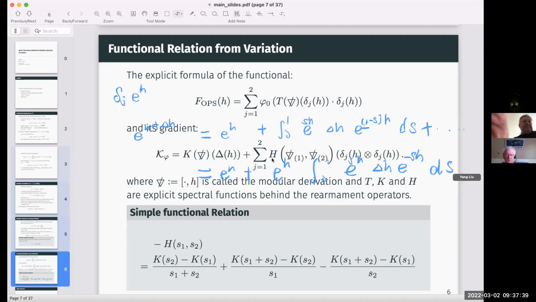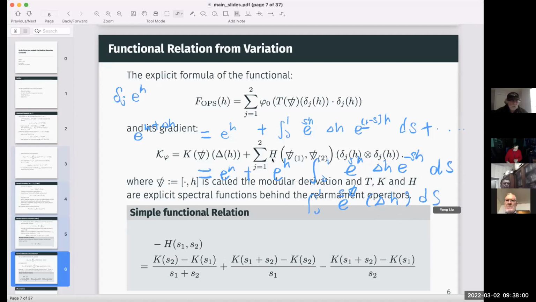We see that we have a conjugation here, so I can write e to the s times the modular derivation, applied to delta of h, integrated from 0 to 1 ds.